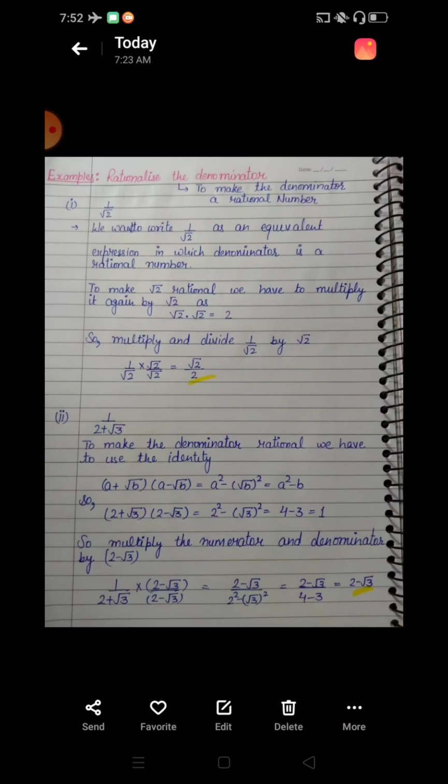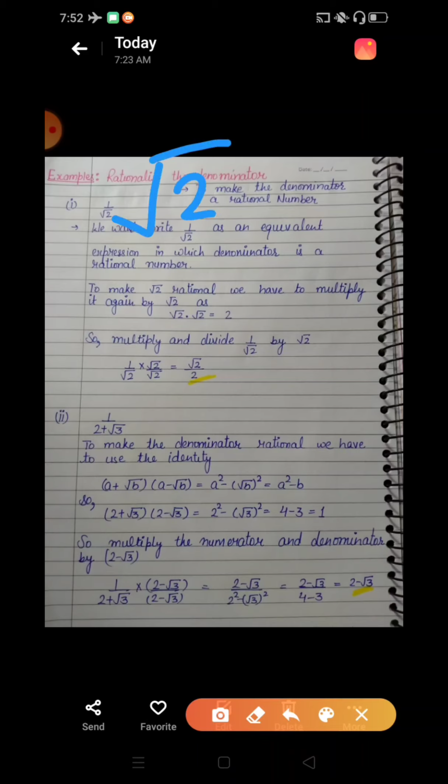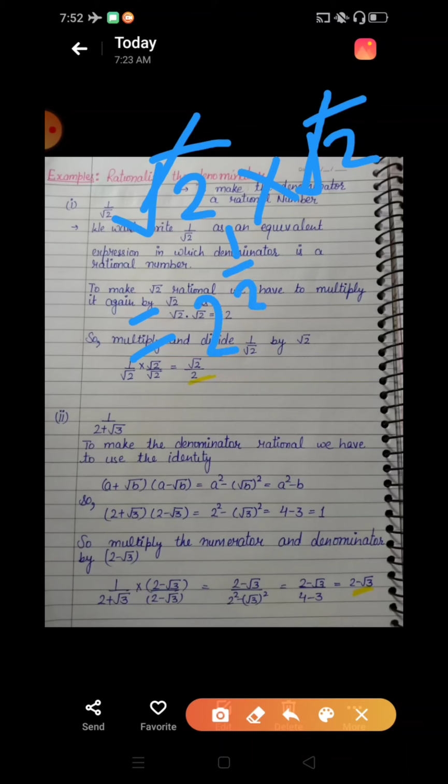So if we want to make root 2 rational, we have to multiply it by root 2. Then the power will become square. So root 2 multiplied by root 2. When two roots are together, they will cancel each other. Or we can say that here the power is 1 by 2, and again the power is 1 by 2.